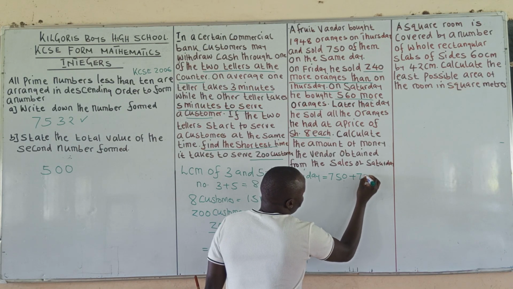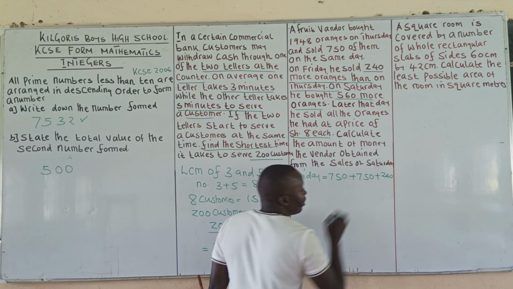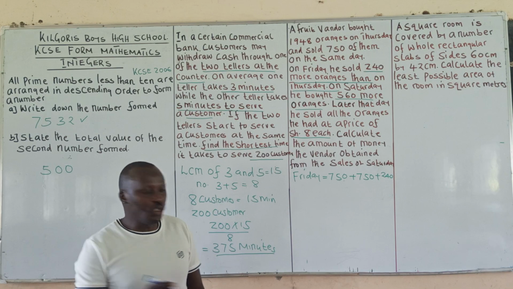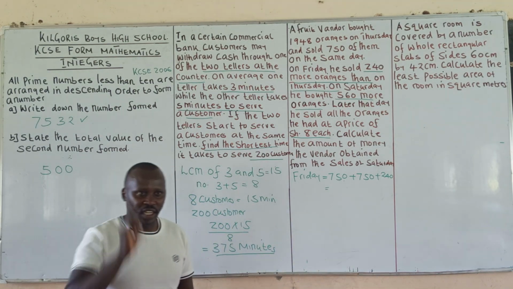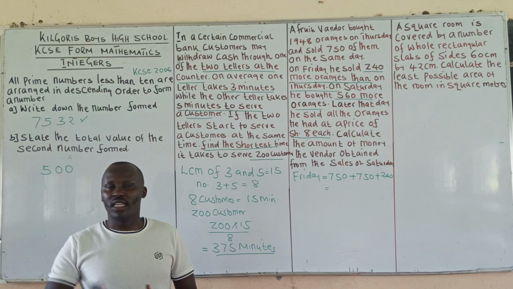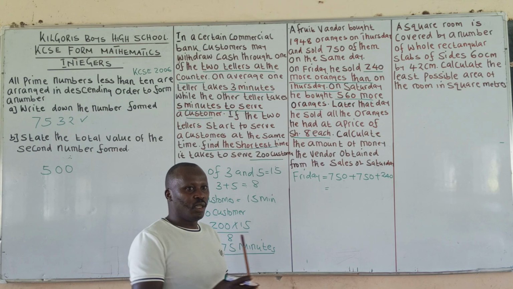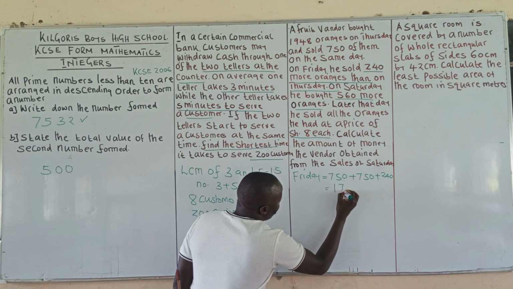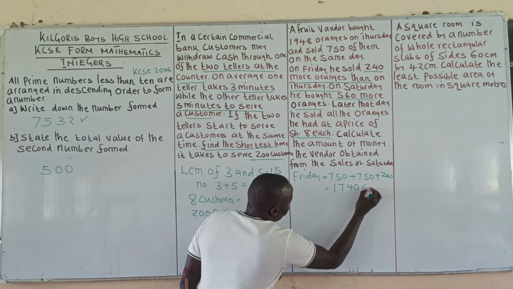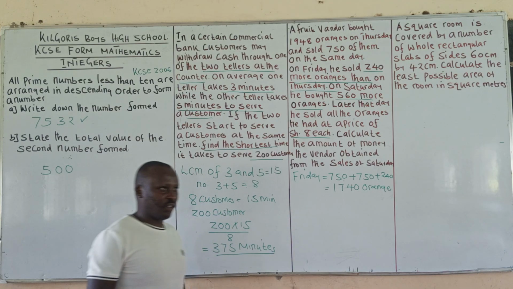So we have 750, then plus 240 oranges. So the total number of oranges sold on Friday is equivalent to 1,740 oranges. These are the number of oranges sold on Friday.